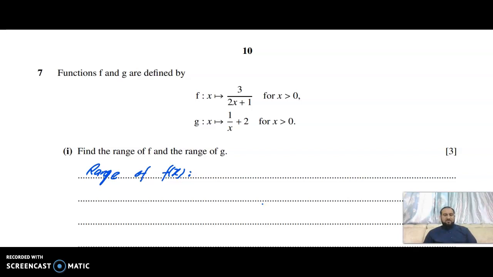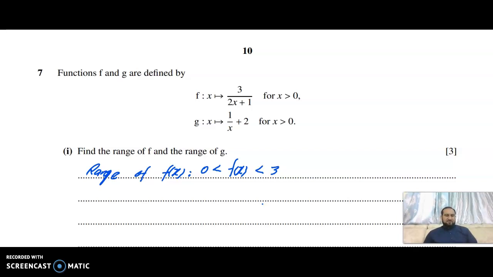So the range for this function will be greater than 0 but less than 3, because the 3 is on the top, so if we increase the denominator, the value will get smaller, so it will be less than 3.